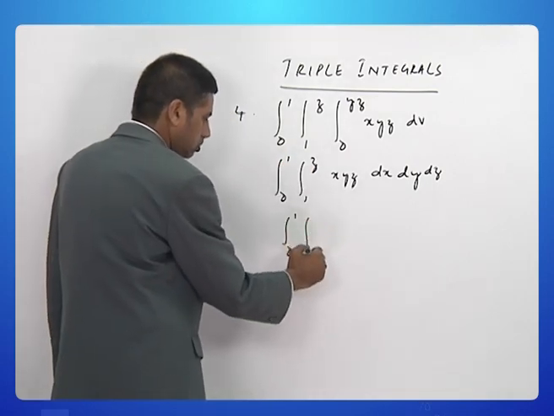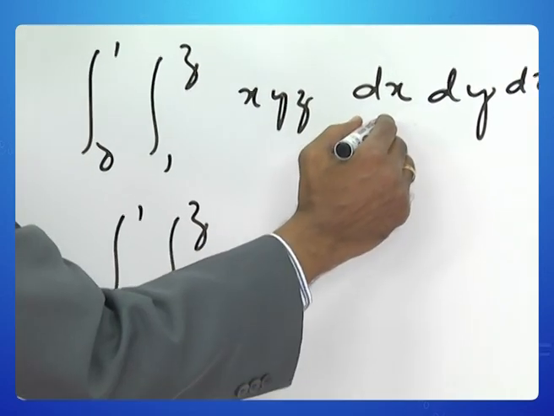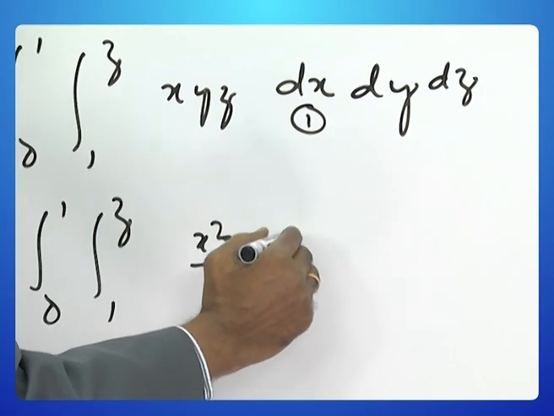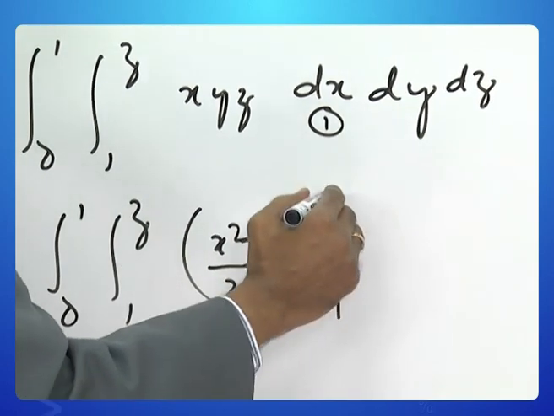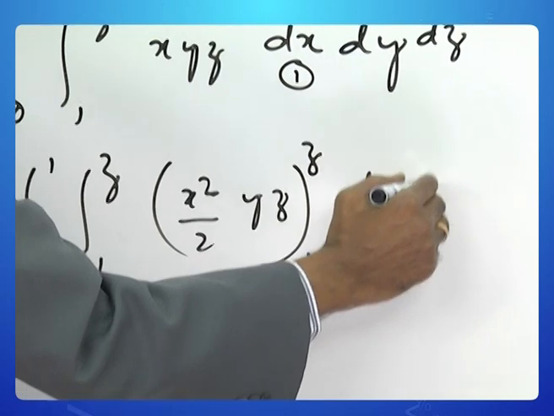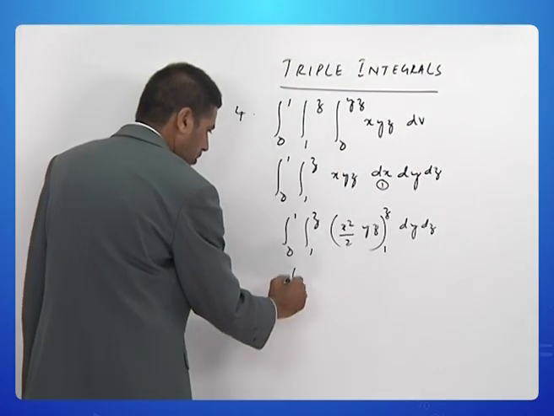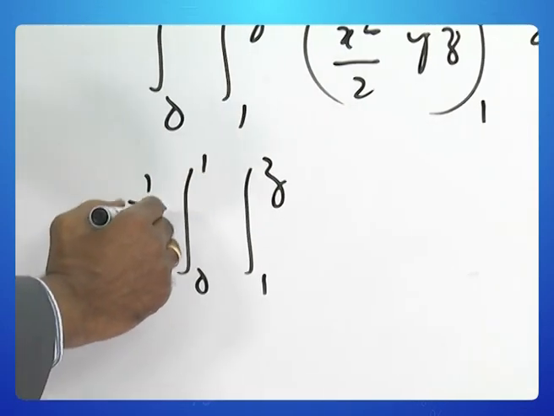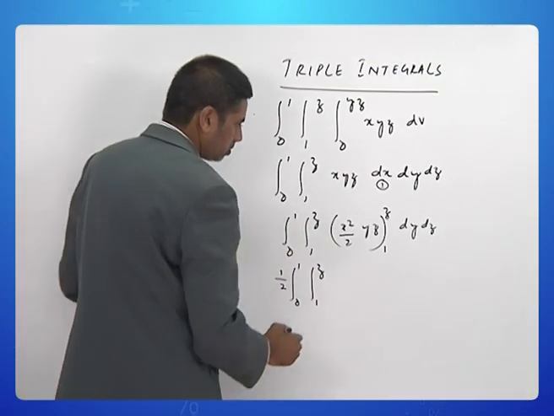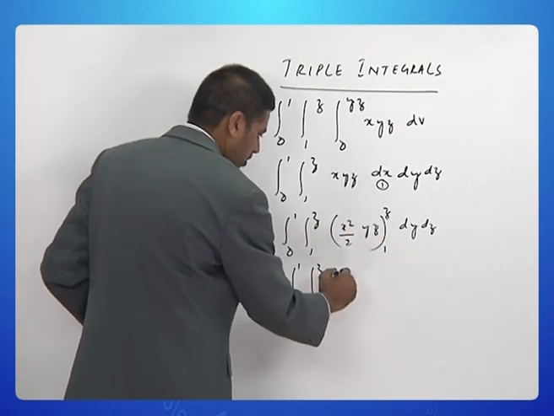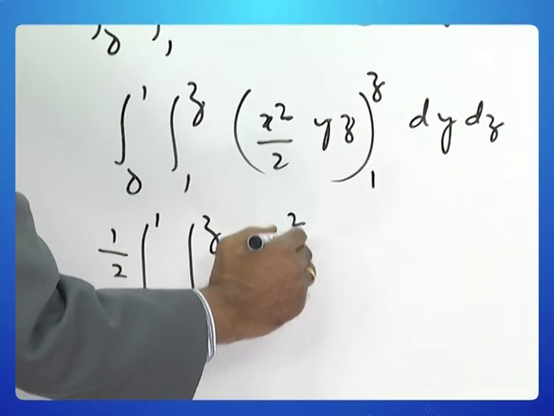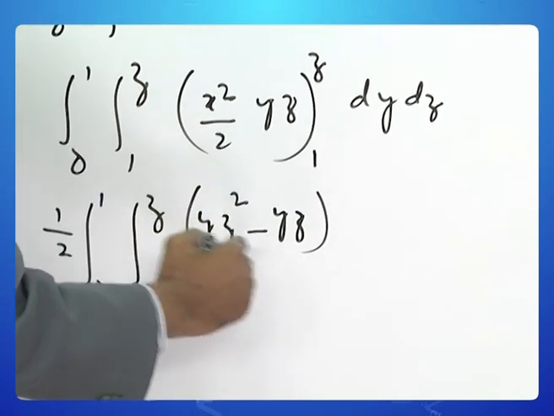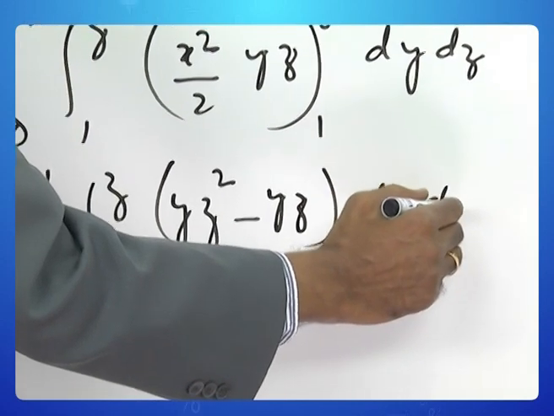So let's perform this integration. 0 to 1, 1 to z. Remember, with respect to x first, so x square by 2 yz from 1 to z dy dz. So 0 to 1, 1 to z. We can keep this half outside. Replace x with z. You will have y z squared minus, x is 1, will give yz dy dz.